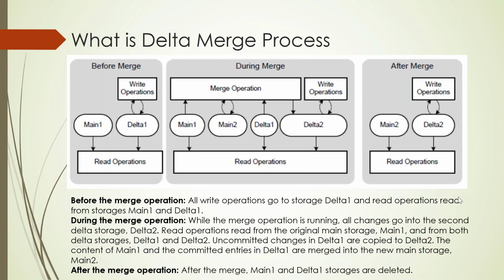This way it does the delta merge process for your column tables. Whenever you perform write operations like insert, update, delete, it only inserts the records in the delta storage.